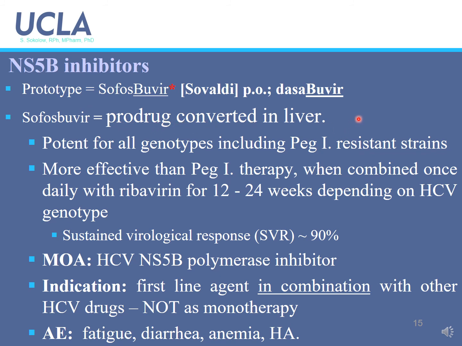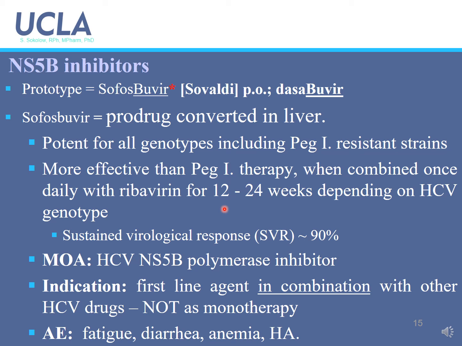They are potent on all genotypes, including the ones that are resistant to PEG interferon. And they are more effective than PEG interferon therapy when combined once daily with ribavirin for 12 to 24 weeks, depending on the HCV genotype.